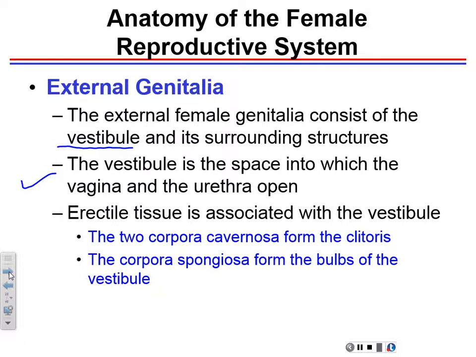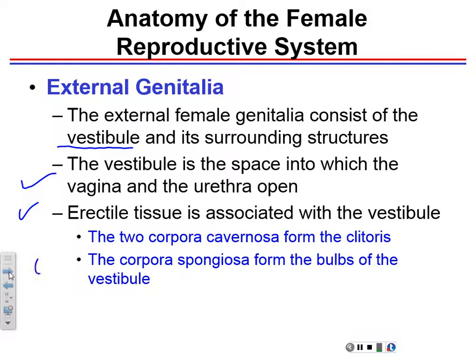And the vestibule has got erectile tissue columns on the side called vestibular bulbs. These are made up of the corpus spongiosum, which is the same corpus spongiosum that surrounds the urethra in the male penis.